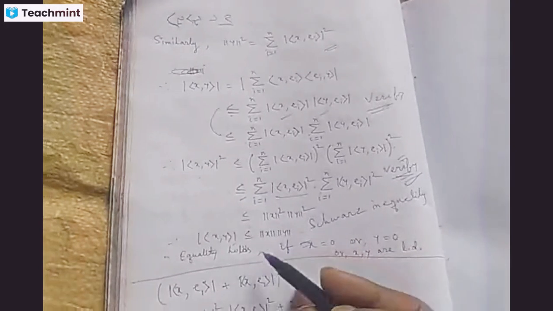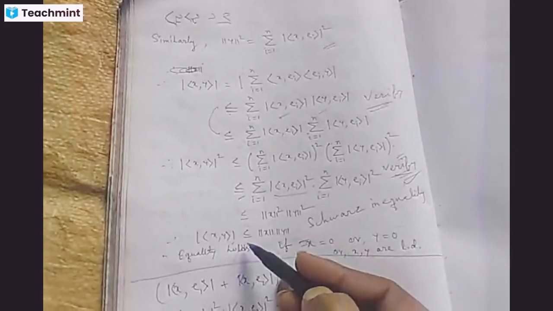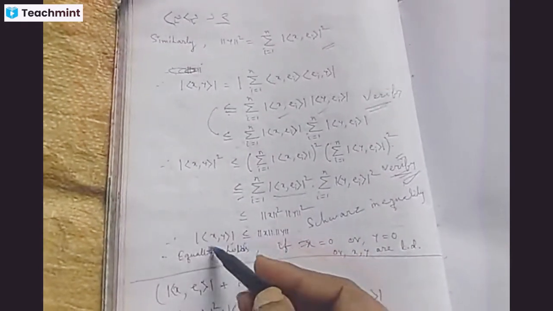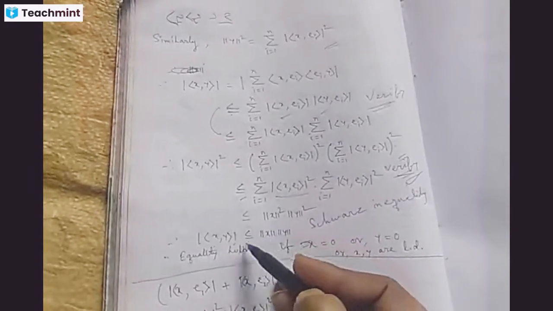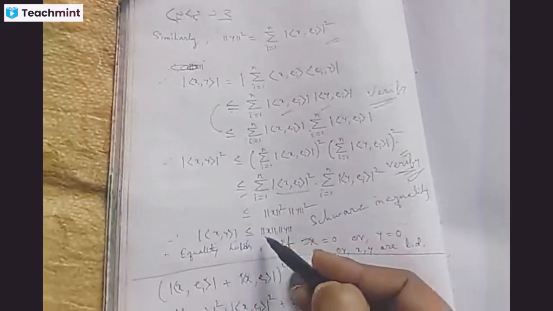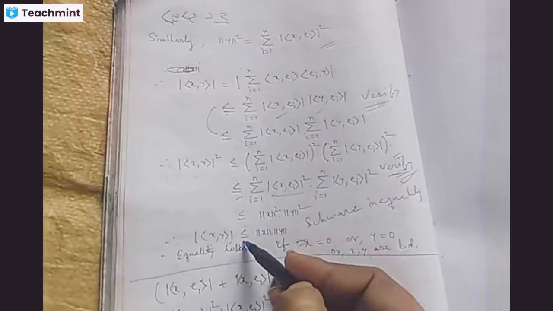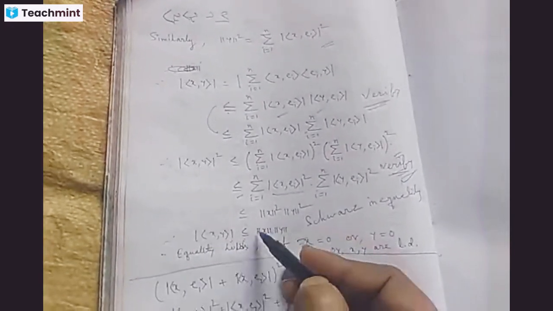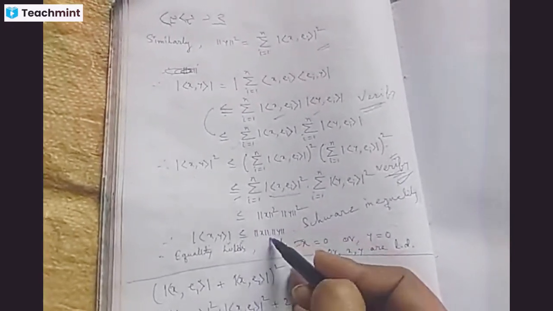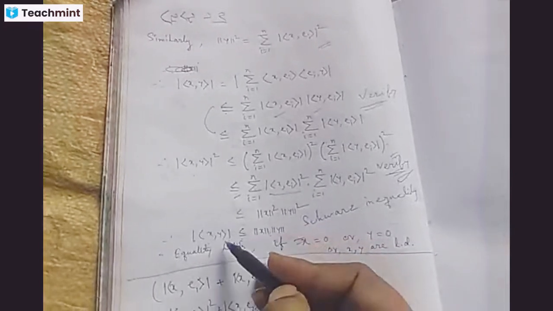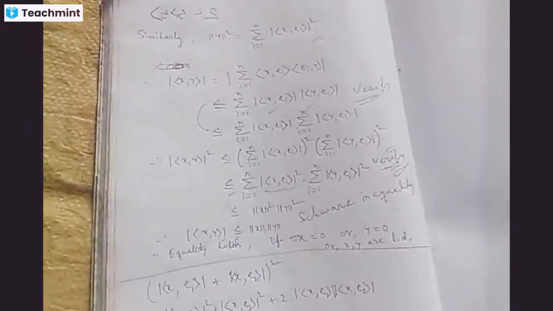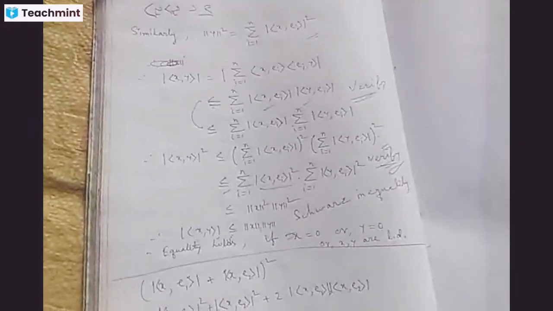And here also, a very good question: when does equality exist in the Cauchy-Schwarz inequality? Equality can hold in some condition.